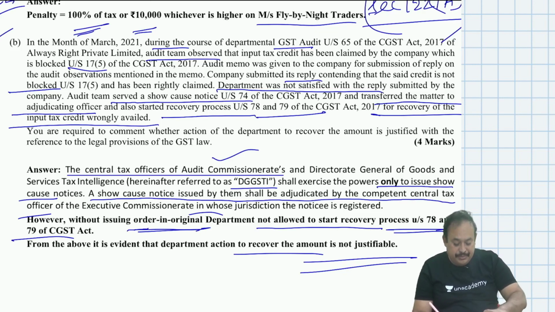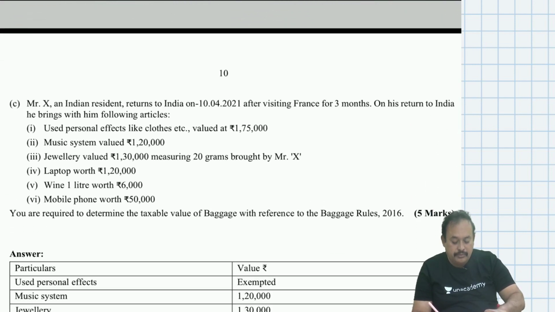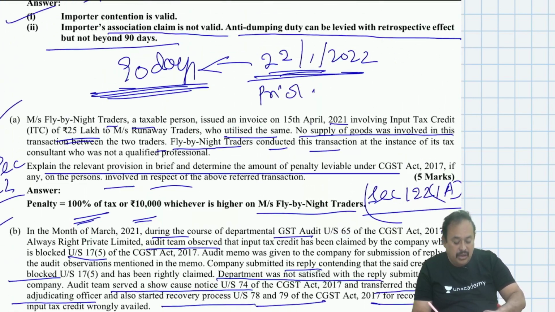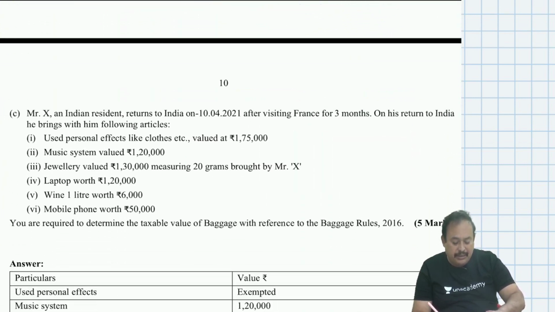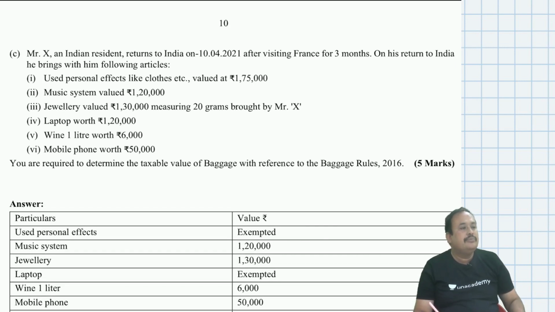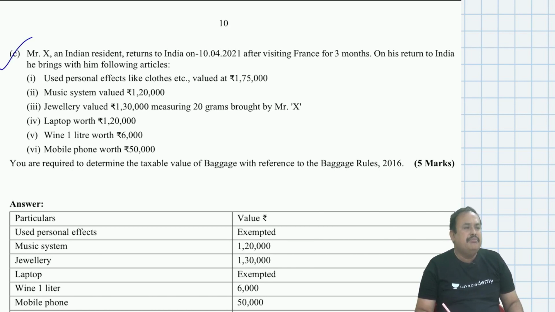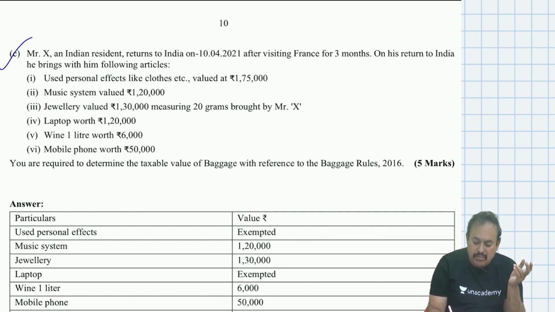Further, my dear friends, question number 5, point C. From customs: Mr. X, an Indian resident, returns to India on 10th April 2021 after visiting France for 3 months.